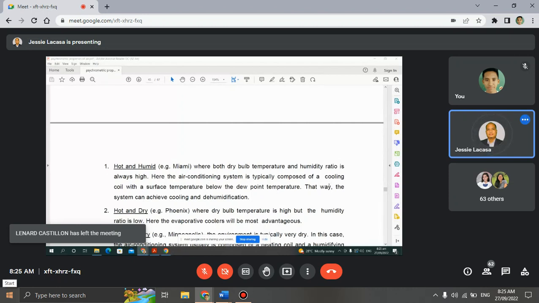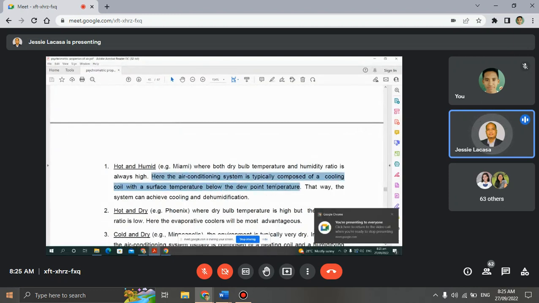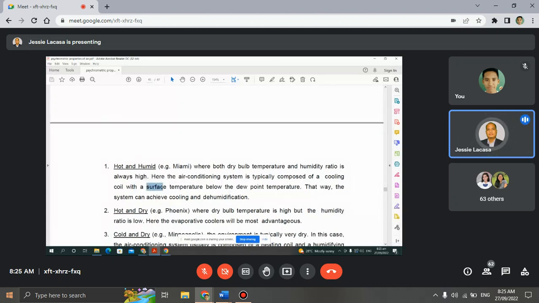So, ganong gikinahanglan nga air conditioning because nagkinahanglan siya nga ang air nga iyang i-supply mo-contact sa surface below the dew point temperature, so maka-experience siya og condensation.